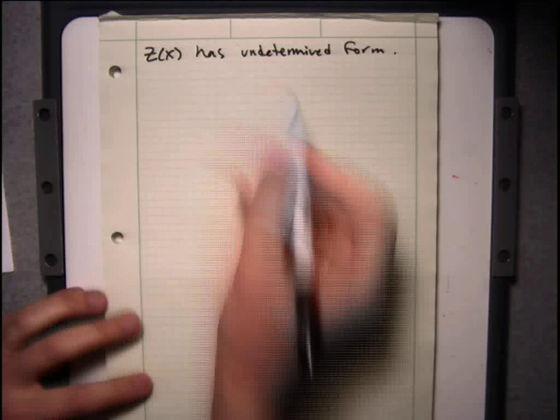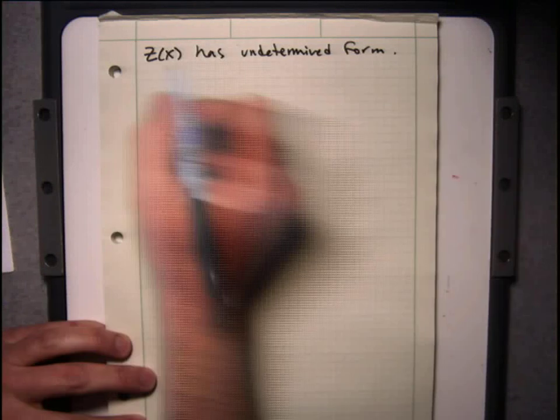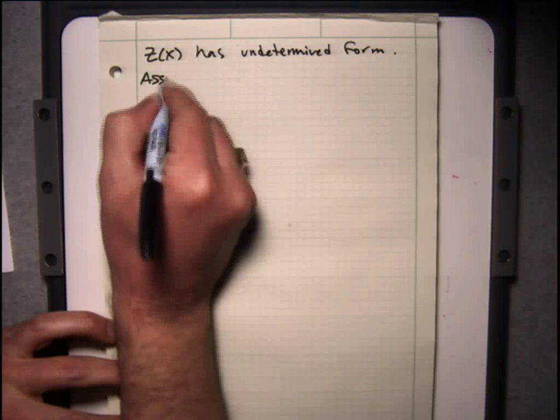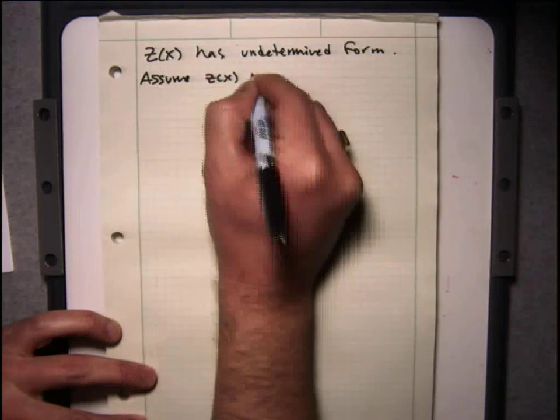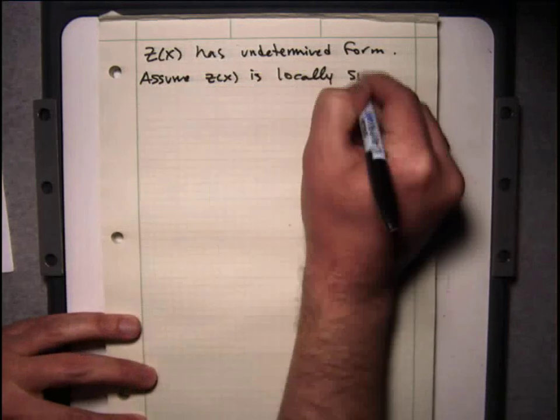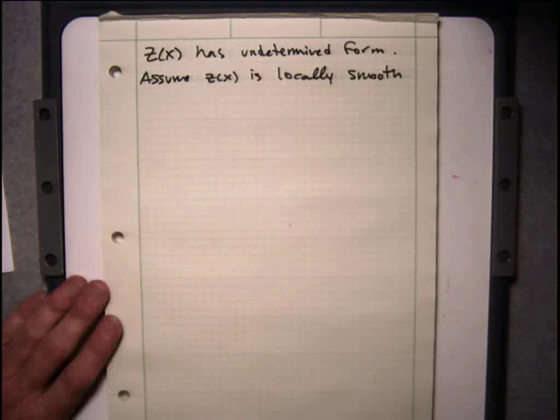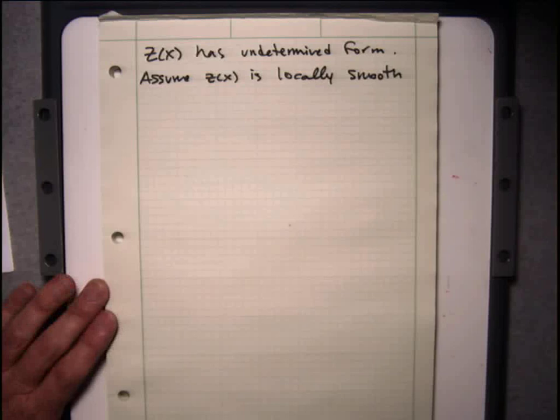We say, okay, even though z has an undetermined form, we're going to assume that z of x is locally smooth. All this means is that you can write z of x as a Taylor series expansion. Okay? That's all.